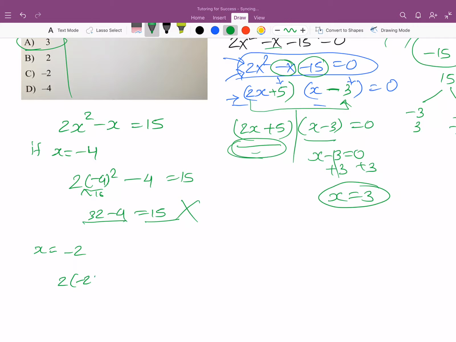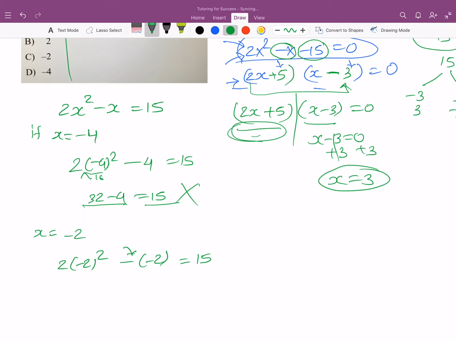Negative 2 squared, minus negative 2. You have to pay a little bit of attention to negative numbers. When you have a subtraction and then a negative number, I would suggest you separate them with parentheses so you don't confuse yourself with this negative and that negative. So this becomes a positive 4. 4 times 2 is 8, plus 2 is 10, equals 15, which is not valid.